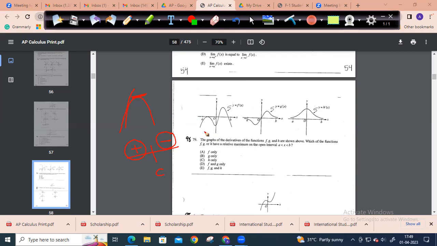So see which of the functions have a maximum in the interval a to b. That is relative maxima, not absolute maxima. I meant to say relative maxima only.